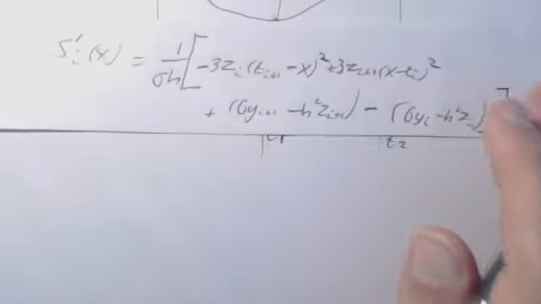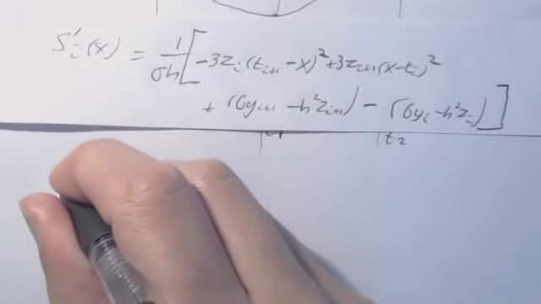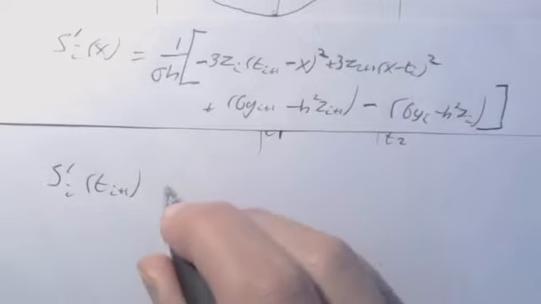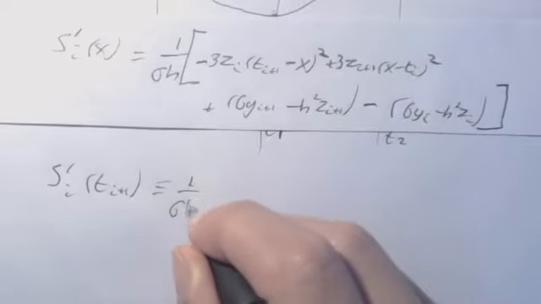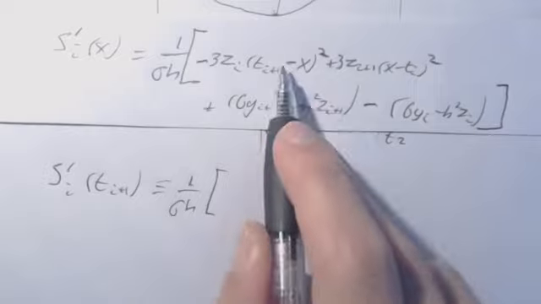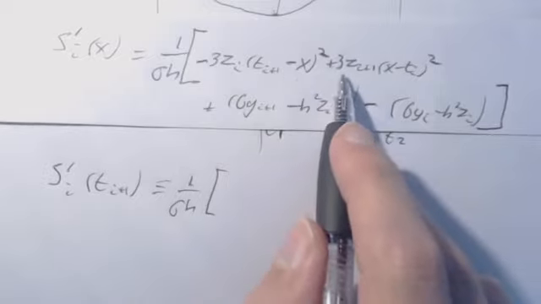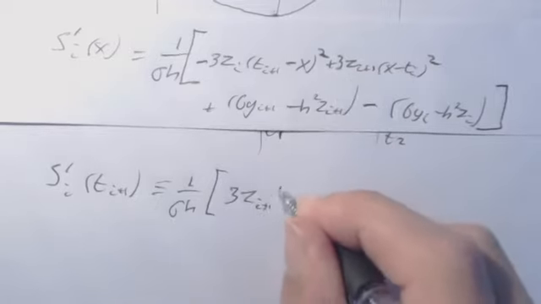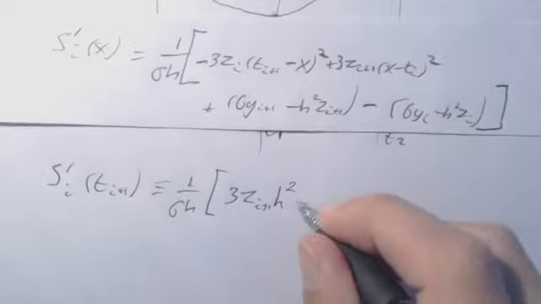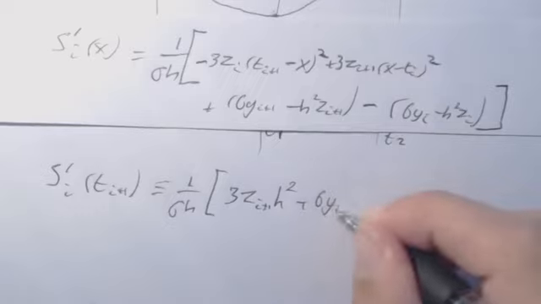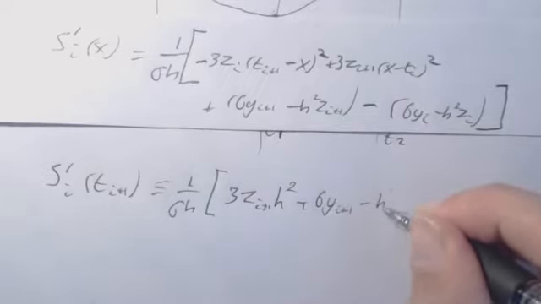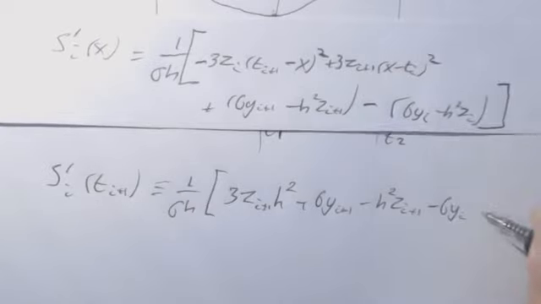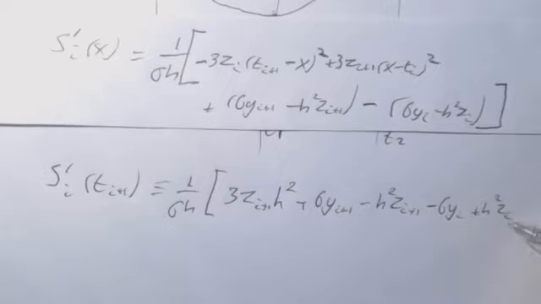So we've got our equation here. si prime ti plus 1 equals 1 over 6h. Ti plus 1, this term disappears, and we get 3zi plus 1 h squared, and then add on the constant terms, 6yi plus 1 minus h squared zi plus 1 minus 6yi plus h squared zi.